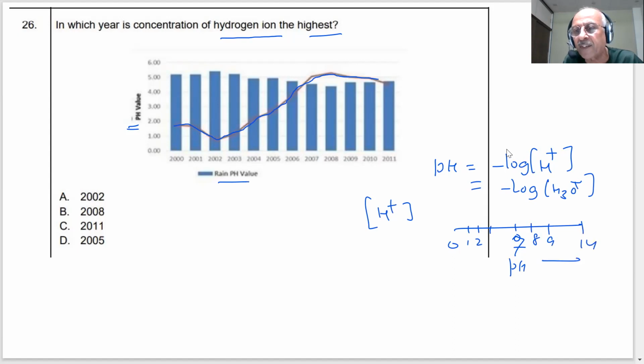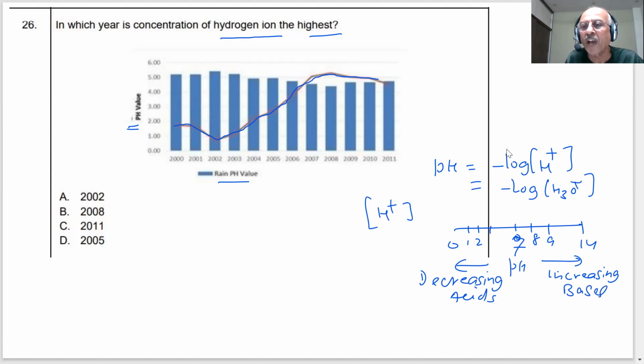Here the pH is increasing and here the pH is decreasing. These are acids, and here you have bases. 7 is neutral, students. You already know about it.